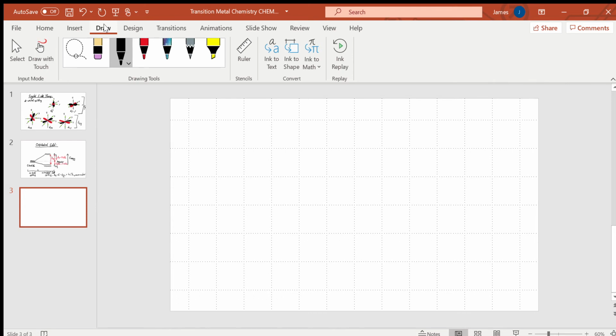We'll call this weak field versus strong field splitting.